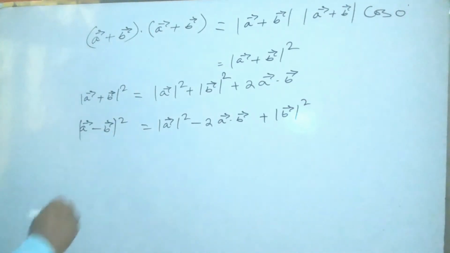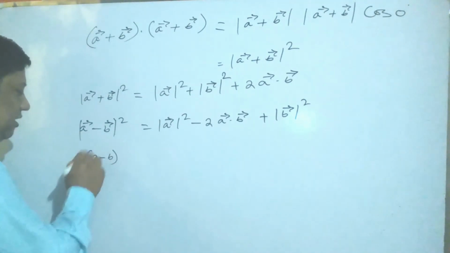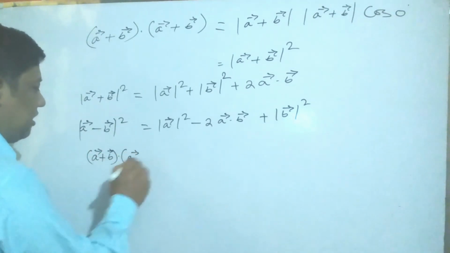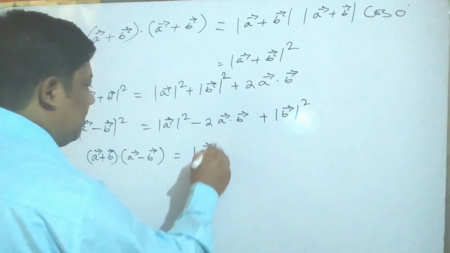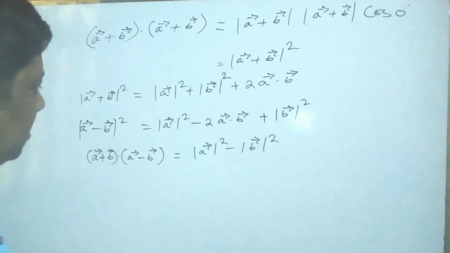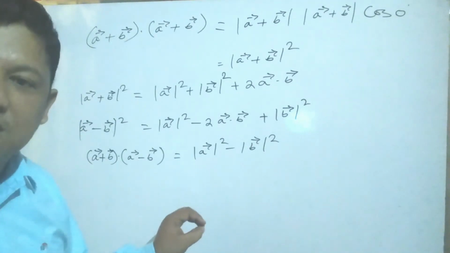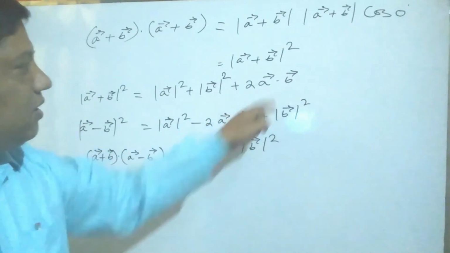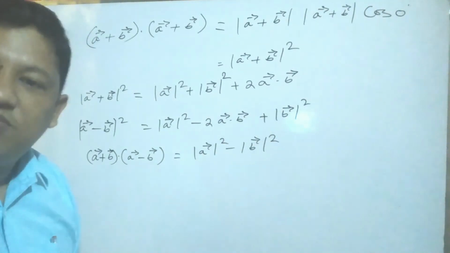Similarly for a plus b plus c whole square, or a plus b times a minus b, which gives a square minus b square. You can write all the algebraic identities, but the necessary condition is that when there is multiplication, suppose 2ab, you write a dot b, and when there is a square, you write the mod of the square.